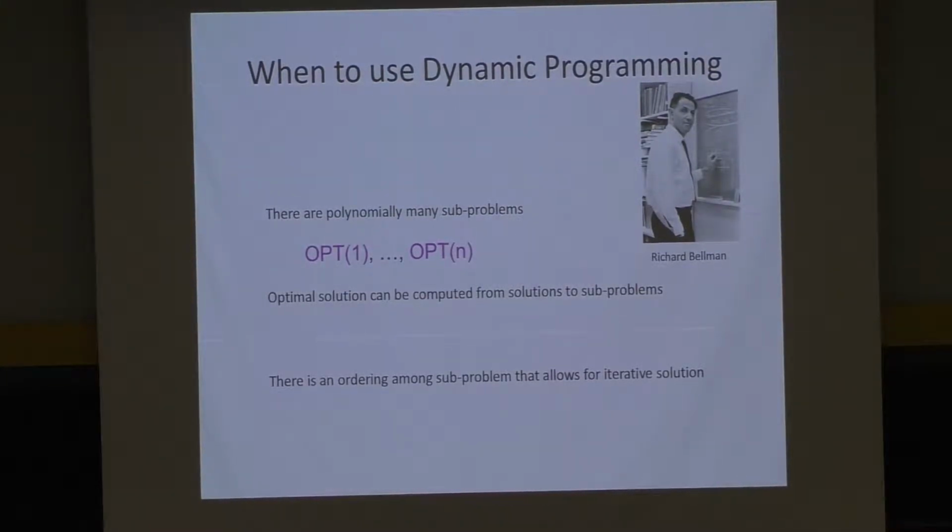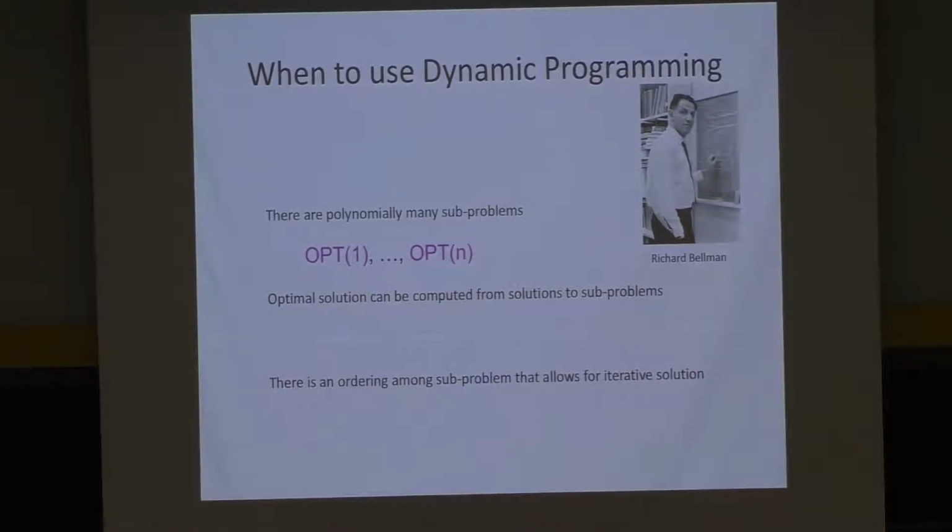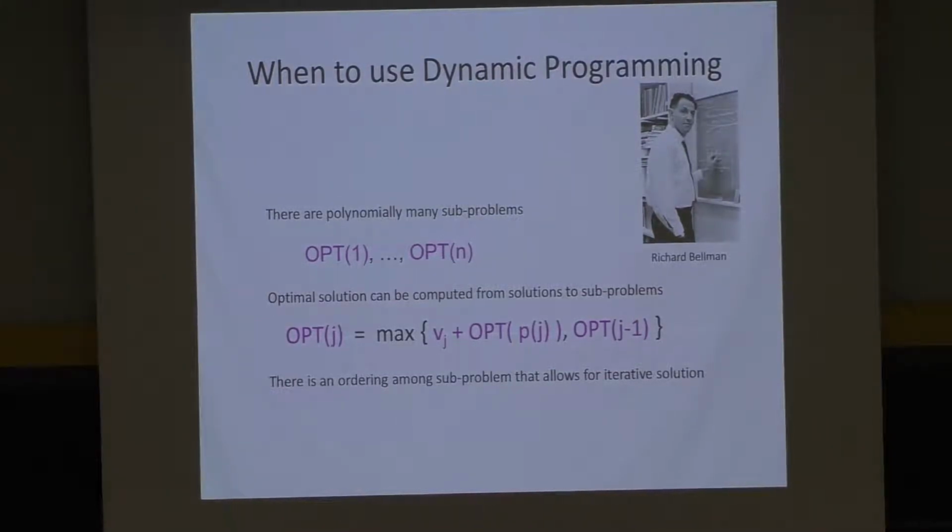For the weighted interval scheduling problem, these were just the n opt values, opt of 1 up to opt of n. To remind you, opt of i was the maximum value you can get from any valid schedule for the first i intervals. The second is you should be able to compute the optimal solution for the entire input based on optimal solutions for the smaller subproblems.